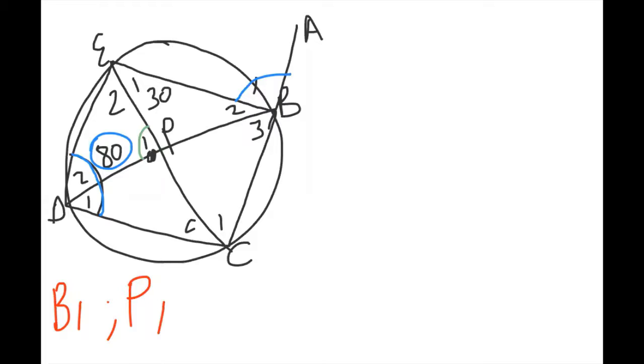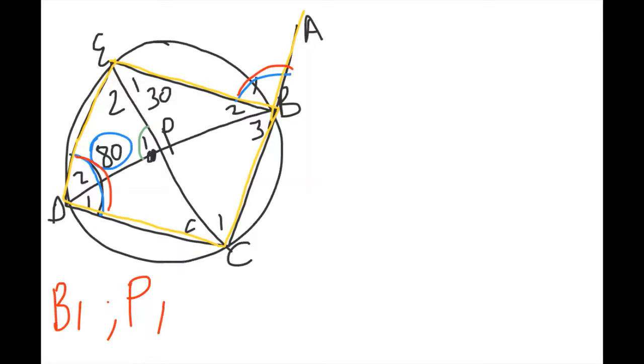So first step, let's just see, can we determine B1? So let's just draw this quadrilateral again. Then we have this extension. And like the previous example, we have this angle over there, and the opposite angle is this whole angle over here.